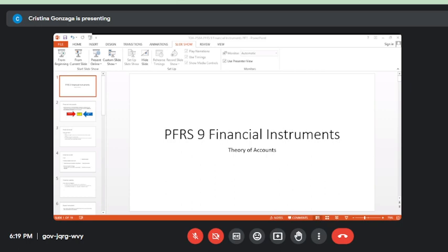Is cash a financial instrument? What kind of financial instrument is cash? Is it a debt instrument or an equity instrument? Take your pick. And if it is a financial instrument, what is it? We will find out later on.